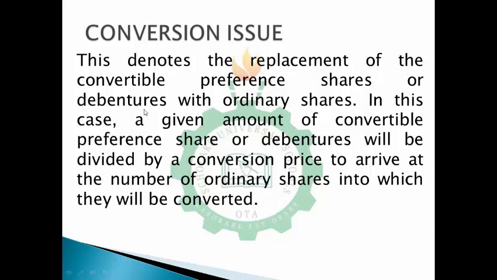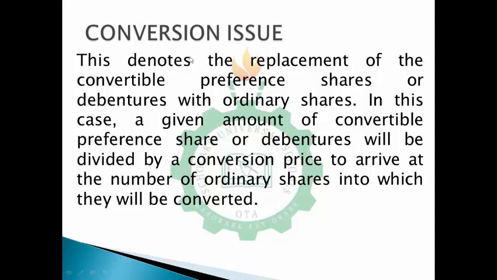So in that case, if a company is saying for this loan that we have gotten from this particular individual, can we do some kind of negotiation whereby we would convert the loan into capital, which is shares? In that case, that process is what we call conversion issue.